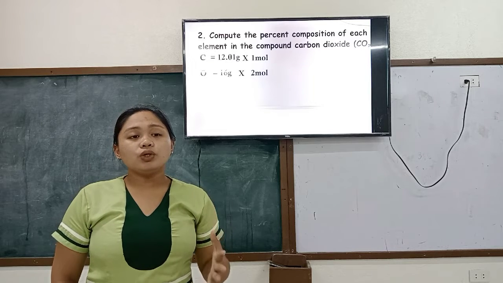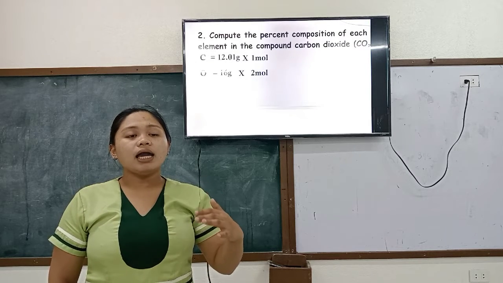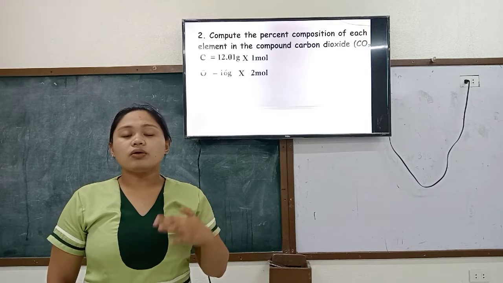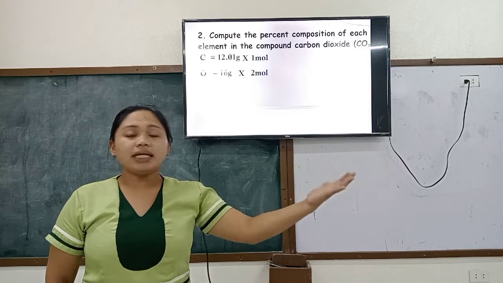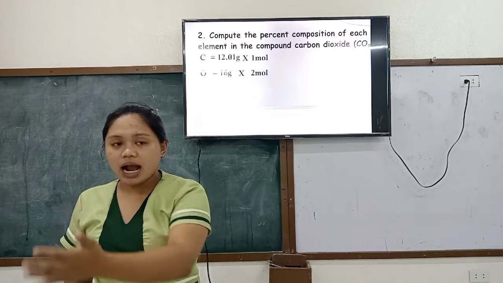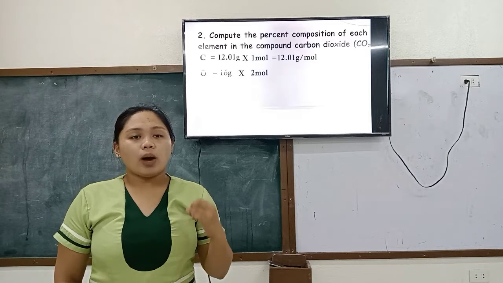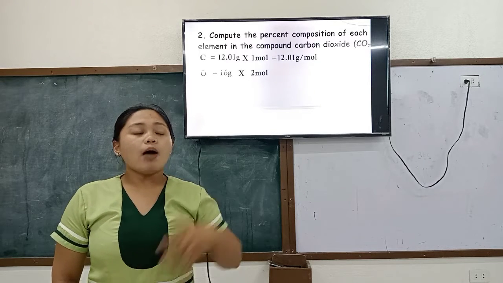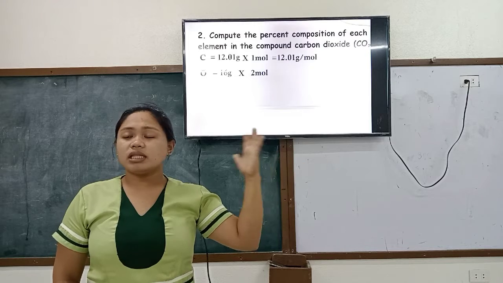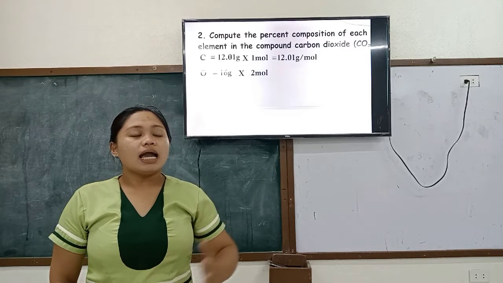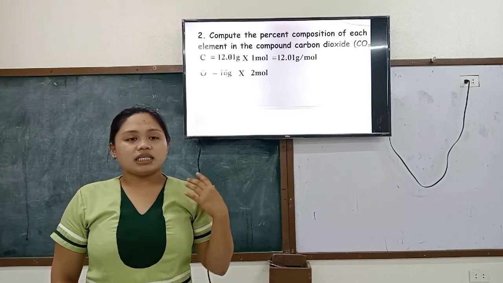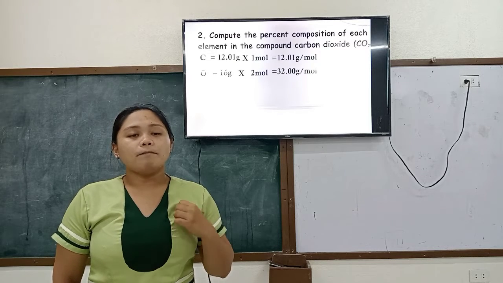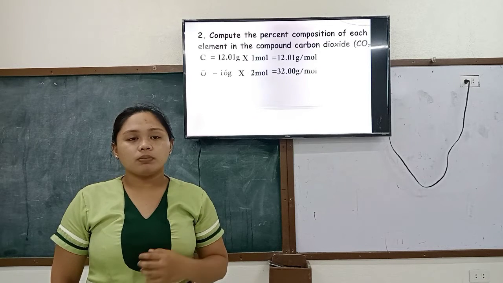So, all we have to do is multiply first the carbon. So, 12.01 grams times 1 mole. What could be the answer? That's right, which is 12.01 grams over mole. How about the oxygen? What is the answer? Yes, correct. So, 16 grams times 2 moles equals 32.00 grams over mole.